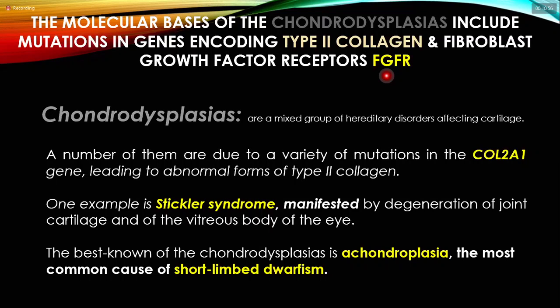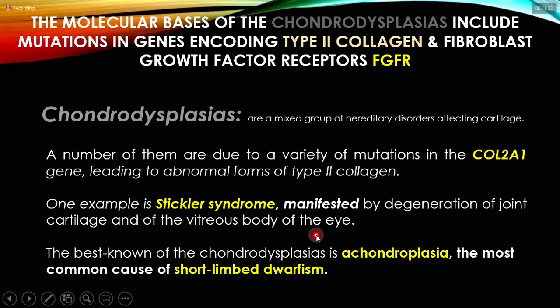in the cartilage structure. So any mutation in this type of collagen, especially the alpha 1 chain, could develop what's called chondrodysplasia disorder. As an example, we have what's called Stickler syndrome, which is manifested as a condition or as a phenotype by degeneration of joint cartilage and the vitreous body of the eye.